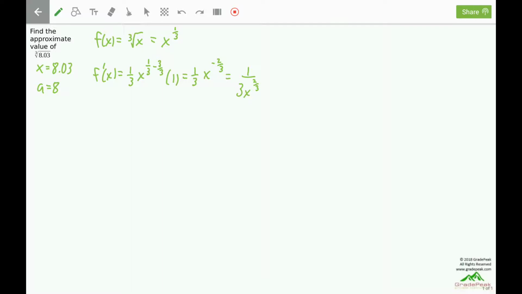Now that we have f of x and f prime of x, we can evaluate each of these at the a value of 8. f of 8 will be the cubed root of 8, and the cubed root of 8 is a 2. f prime of 8 will be 1 over 3 times 8 to the 2/3 power. 8 to the 2/3 power is the cubed root of 8, which is a 2, and then square that result.